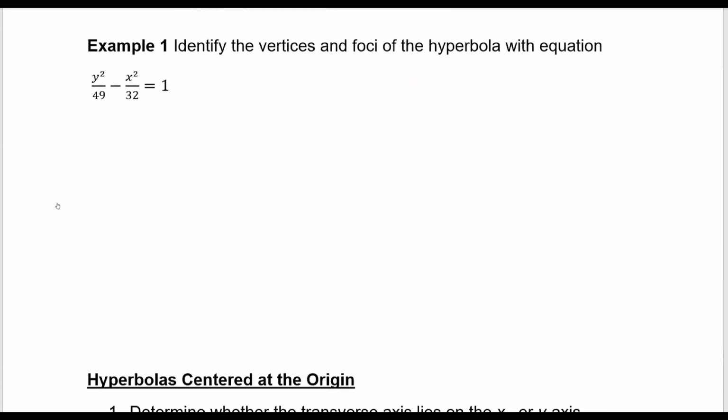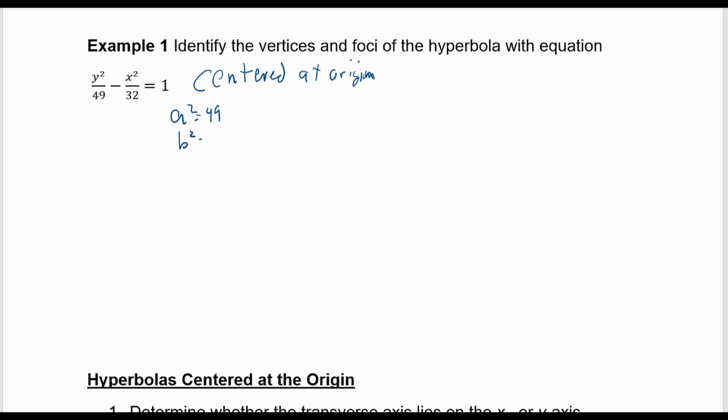Okay. It says, identify the vertices and foci of the hyperbola with the equation y squared over 49 minus x squared over 32 equals 1. Given that this one is centered at the origin, based on the form we see, our a squared is 49.